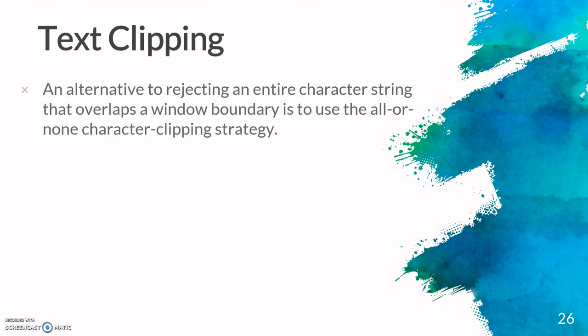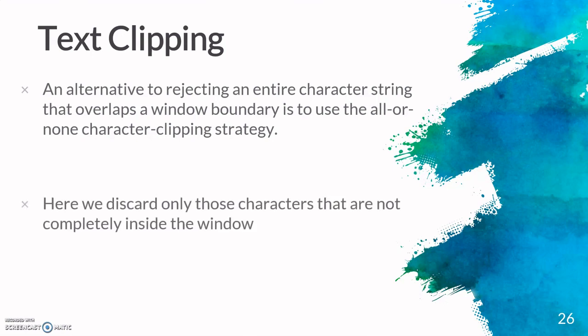An alternative to rejecting an entire character string that overlaps a window boundary is to use the all or none character clipping strategy. Here we discard only those characters that are not completely inside the window. Let's see a figure based on that.